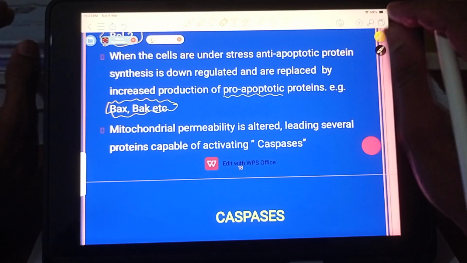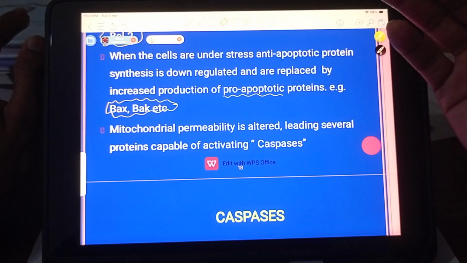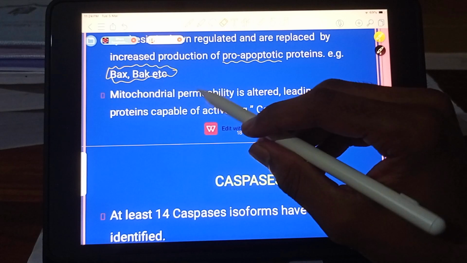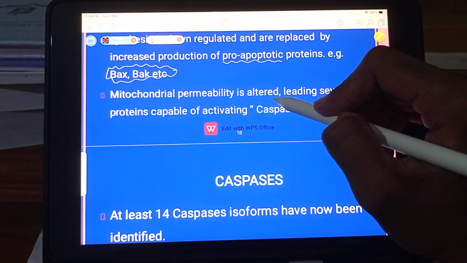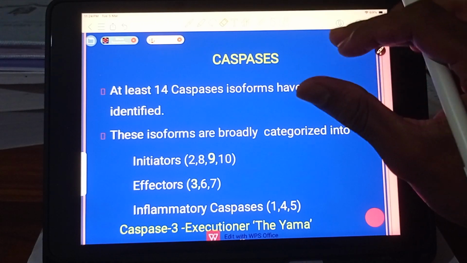That is, as I told you, BAK and BAX. Then after activation, the mitochondrial permeability is altered and cytochrome C is released, and the other processes occur.